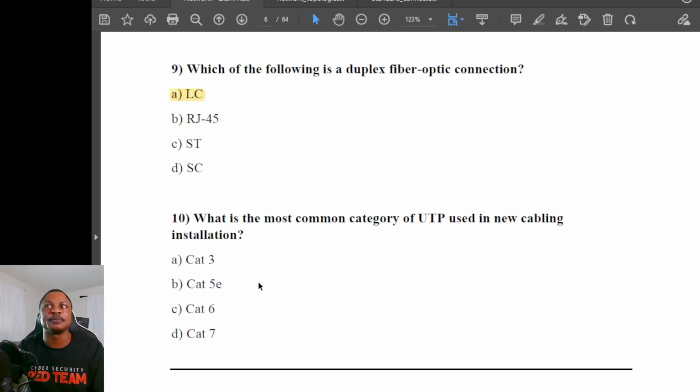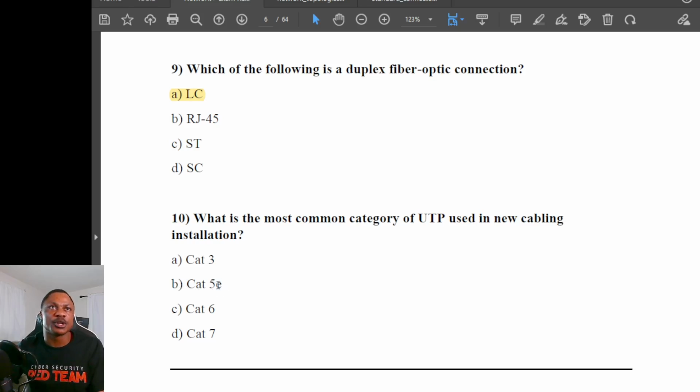Next, number 10. What is the most common category of UTP, unshielded twisted pair, used in new cabling installations? If you've done your reading, you probably guessed. Definitely not Cat 3 because it's way too old. Don't even know if it's used anymore.